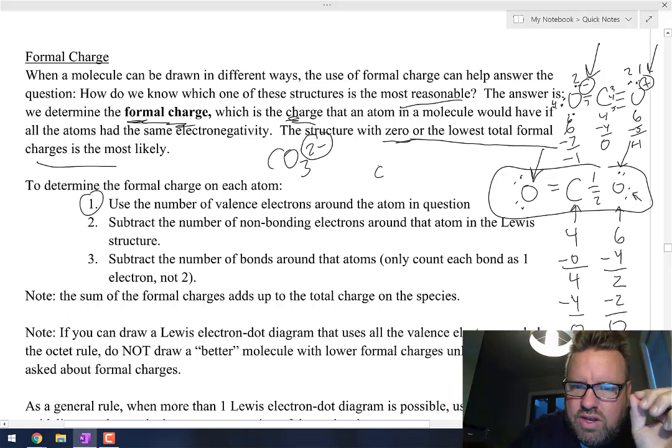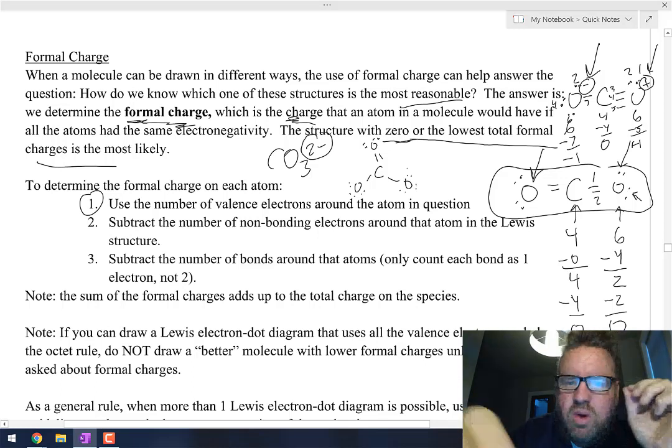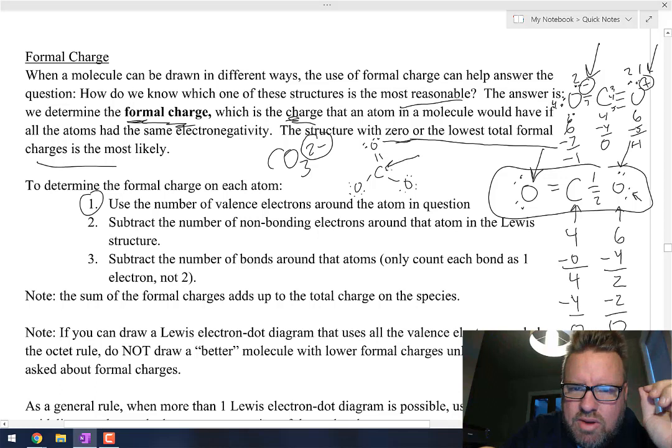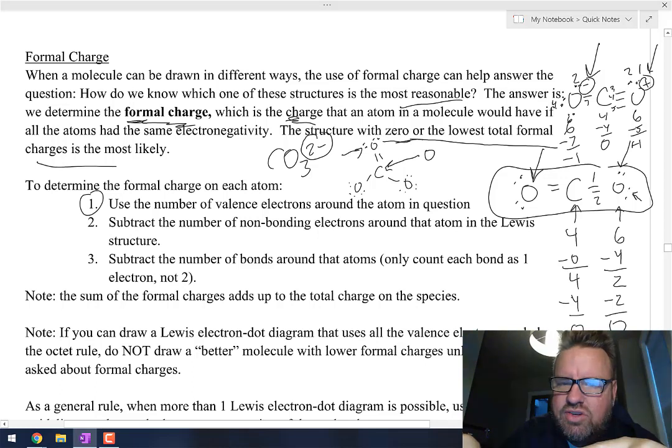Okay, so let's go ahead and draw that. Remember, CO3 2 minus has resonance structures. We saw that yesterday in the previous video. So this carbon right here, again, I'm going to do this quickly. 4 minus 4, 0. This oxygen up here, 6 valence electrons, minus 4 for the electrons, minus 2 for the bonds, 0.